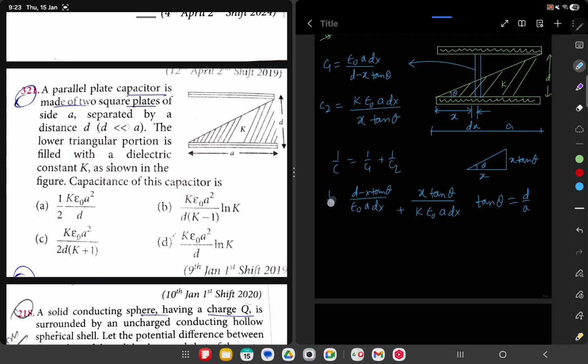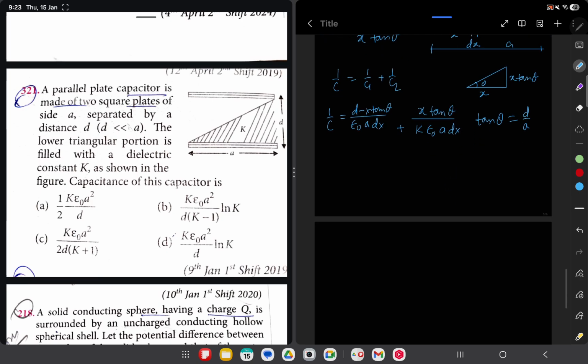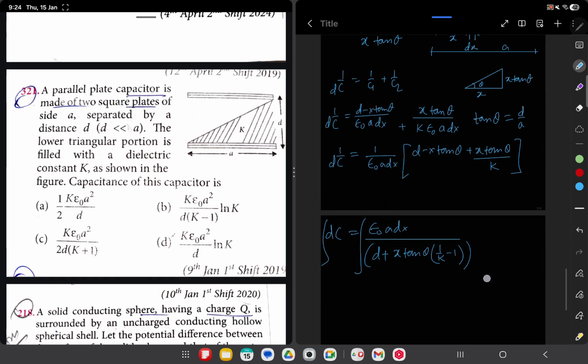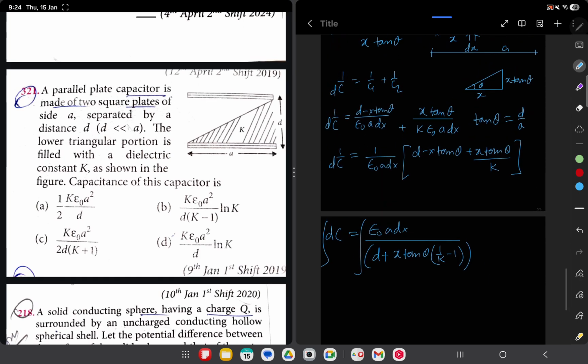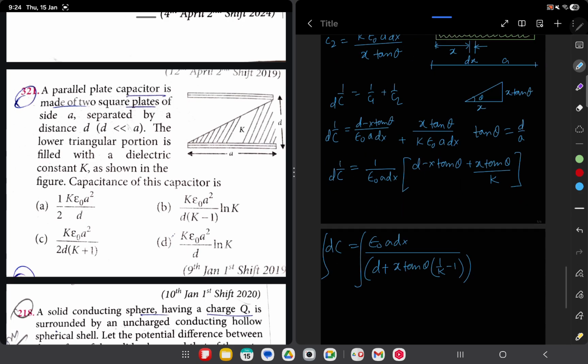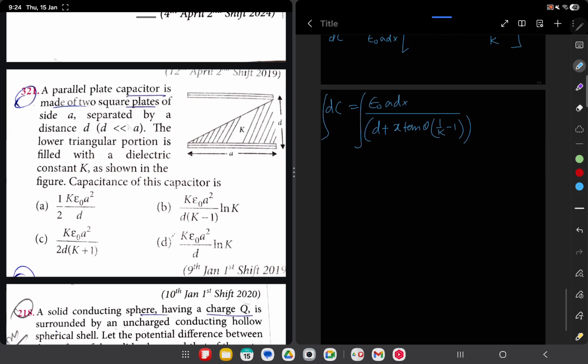This will be 1 by c. So if you solve this, 1 by dc equal to 1 by c1 plus 1 by c2. 1 by c1 you can write from here. Now I'm just simplifying this. So this is dc.